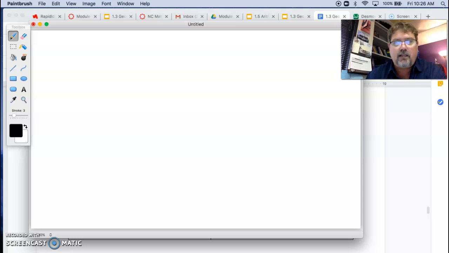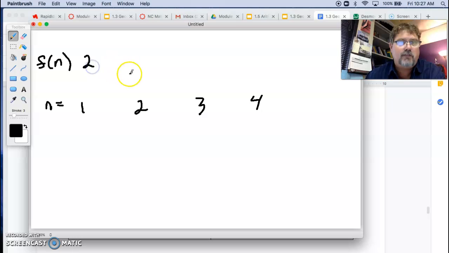The first thing we've got to realize is when we were looking at that along the n-axis, we went out to 4, I think. We found that if n was 1, f of n was 2. If n was 2, we had a 4, an 8, and then a 16. So there's my sequence, right?